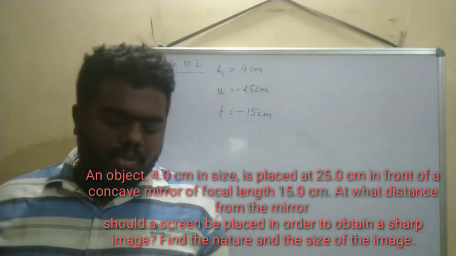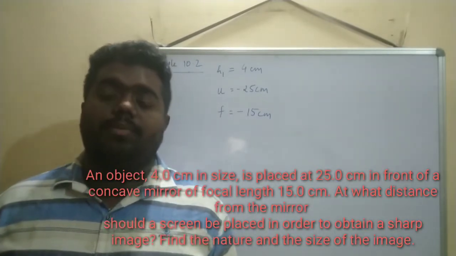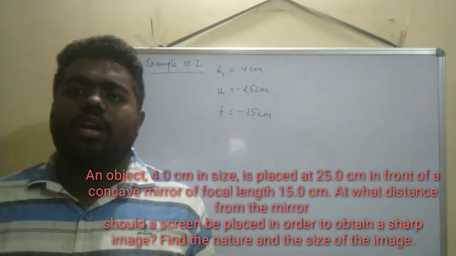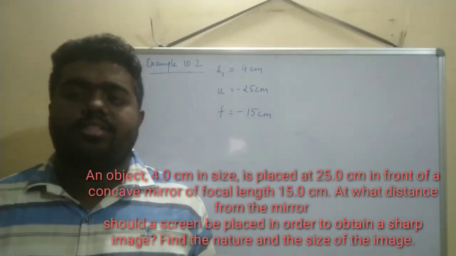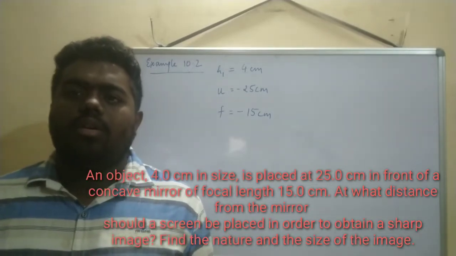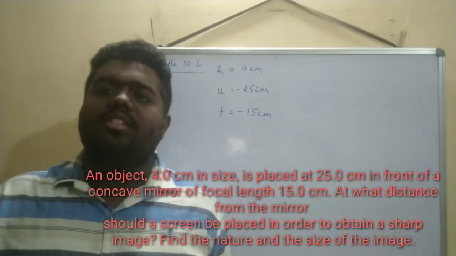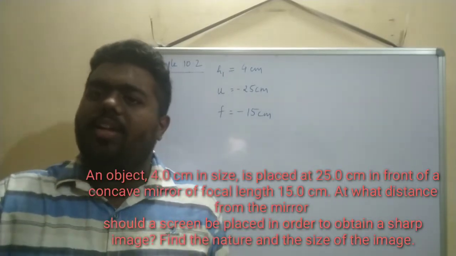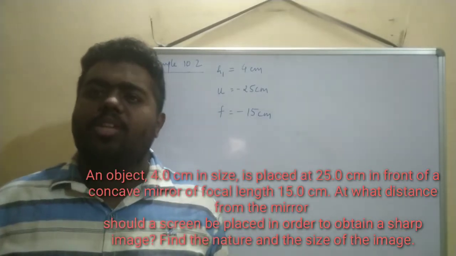At what distance from the mirror should a screen be placed in order to obtain a sharp image? We need to get a sharp image, so at what distance do we need to keep the screen? Why do we keep the screen? So that the image is formed on the screen. The work of the screen is to form the image there.